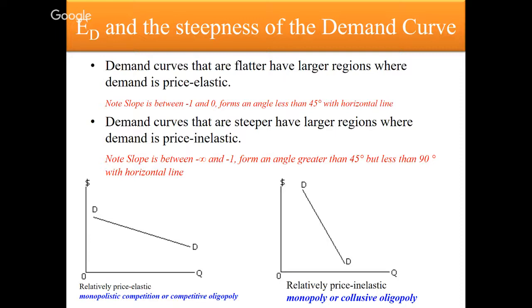OPEC, which is a cartel, is a collusive oligopoly. And there has been evidence in the past that the airline industry was a collusive oligopoly. They were actually prosecuted for that in court, in fact. And the tobacco industry as well was prosecuted in court for being a collusive oligopoly. So please remember, if the demand curve has a steep negative slope, greater than a 45-degree angle, it's relatively price inelastic demand. That's a monopoly, either pure or regulated, or a collusive oligopoly.